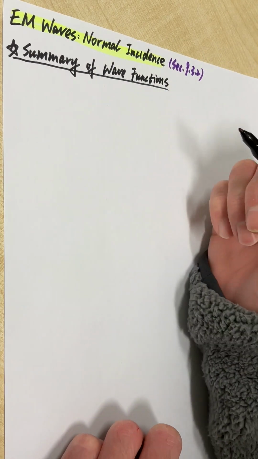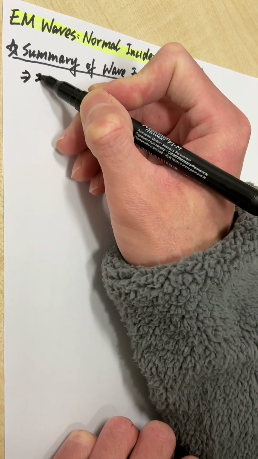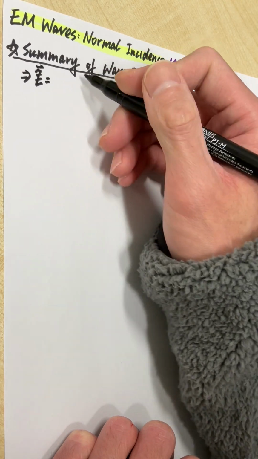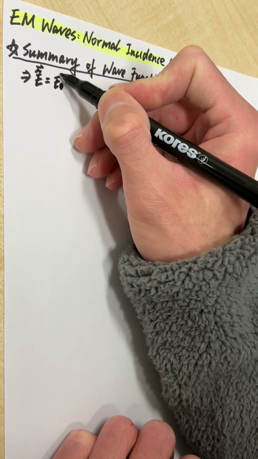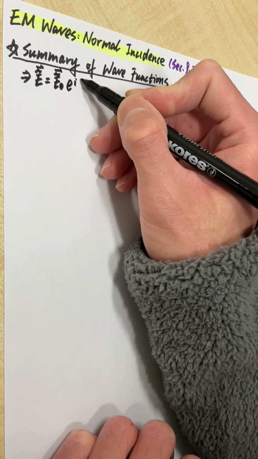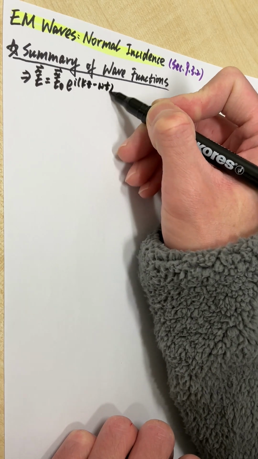Okay, so summary of wave equations. First of all, we have the electric field and the magnetic field. The complex valued electric field equals the polarization times the propagation function, e to the i kappa z minus omega t.